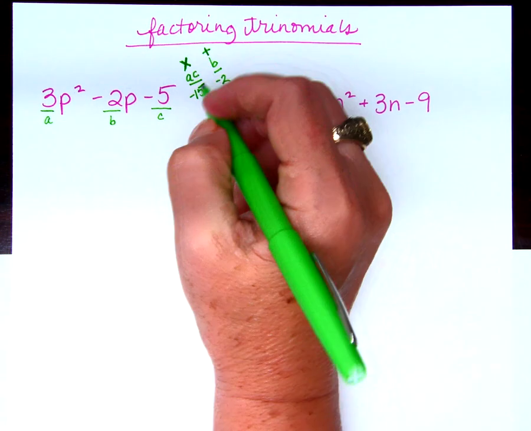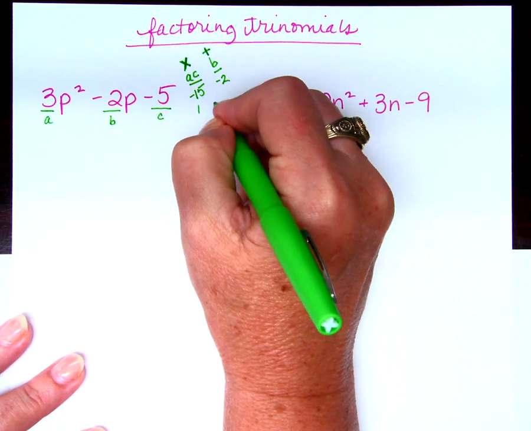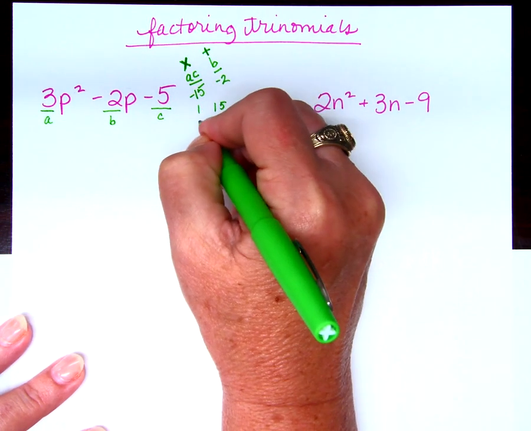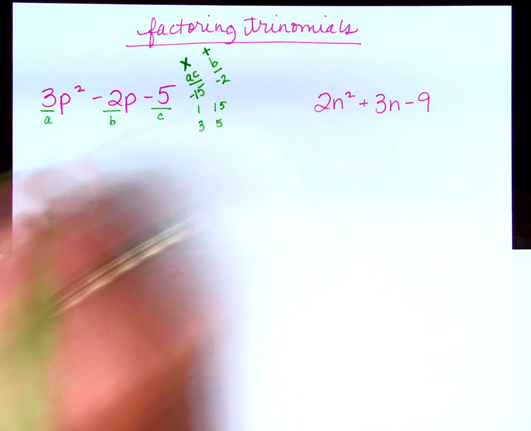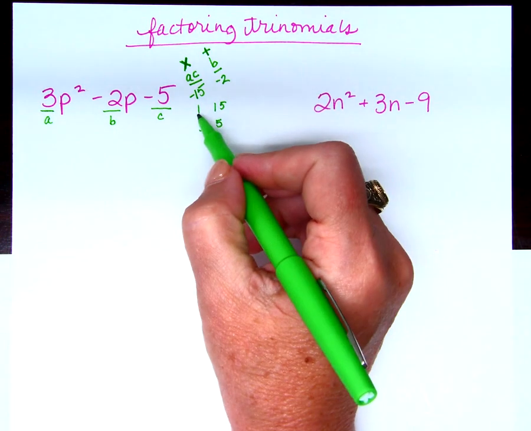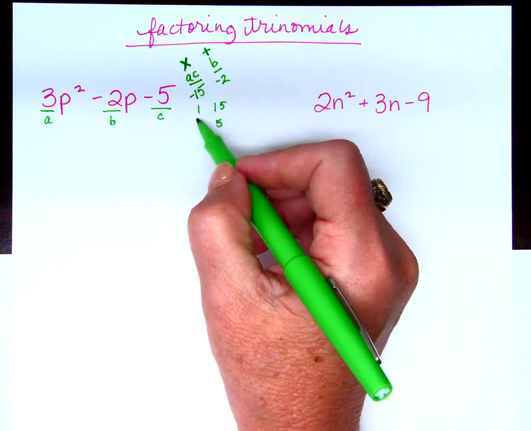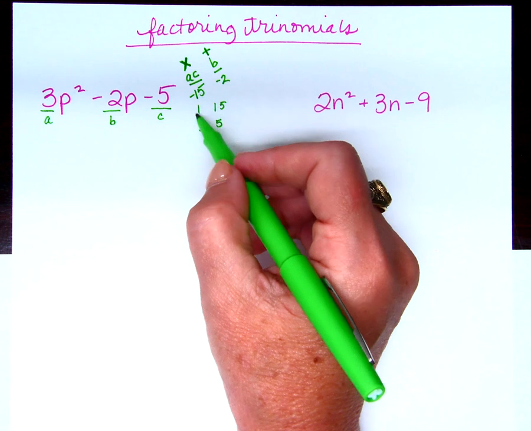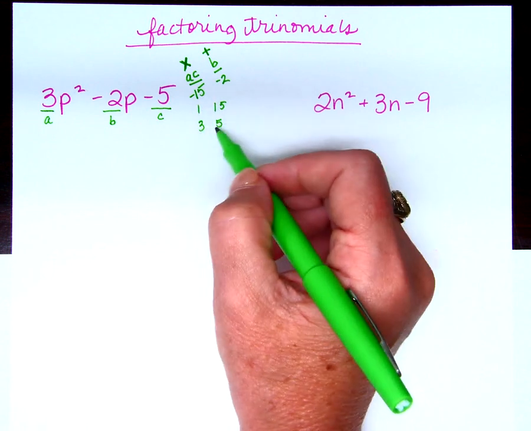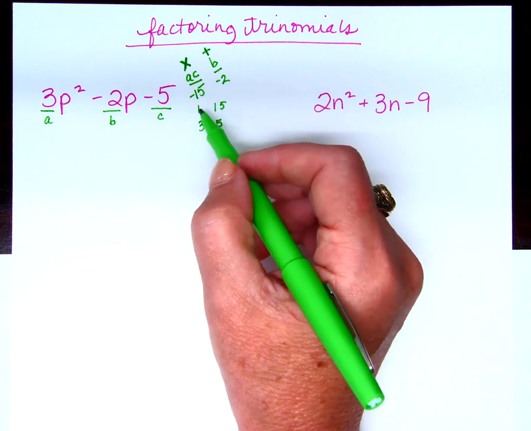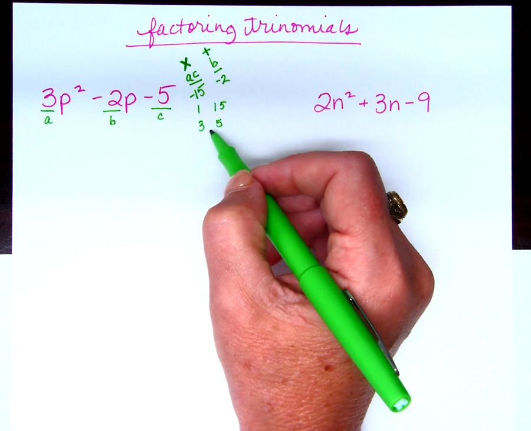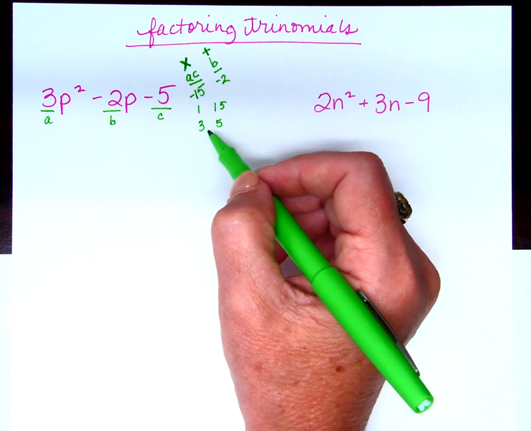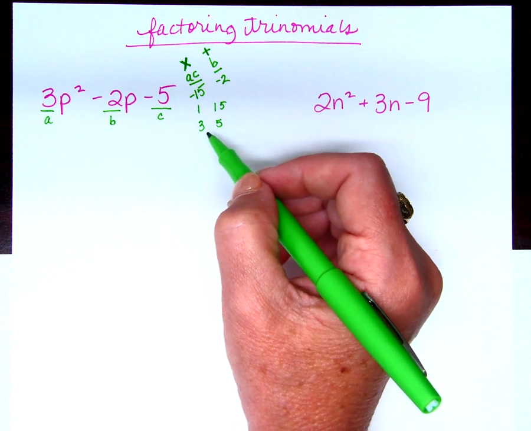It's easiest to start thinking of the numbers that multiply to be AC. In this case, the only 2 numbers that multiply to be -15 are 1 and 15, and 3 and 5. But since it has to be -15, what has to be true about one of these numbers? One of them has to be negative and one positive, right?